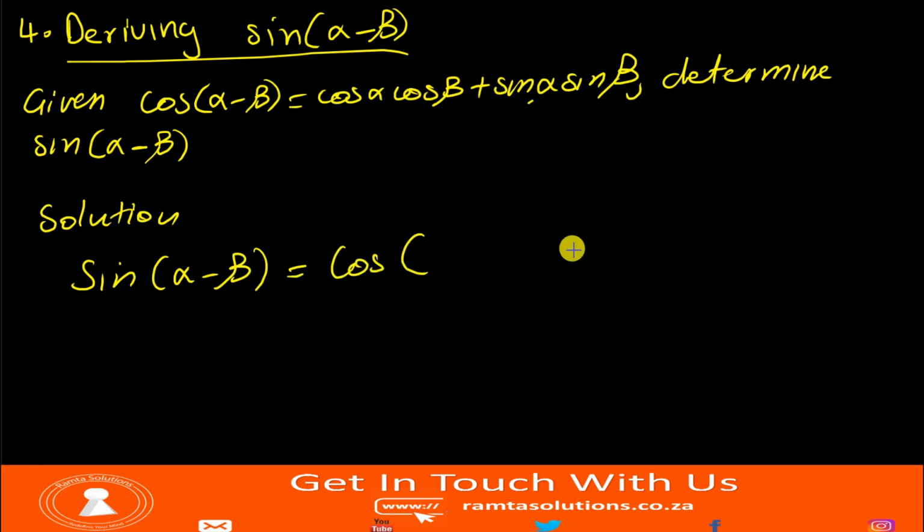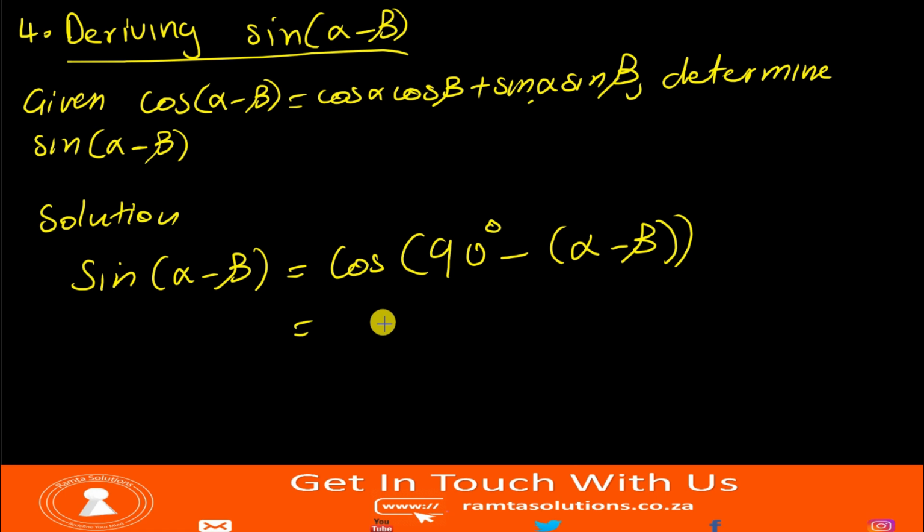This must have been cos 90 degrees minus, open bracket, alpha minus beta, isn't it? It must have been something like this. Okay, as you can see, if you have cos 90 minus alpha minus beta, you will be having sine alpha minus beta. Okay, this is because cosine is a cofunction of sine.